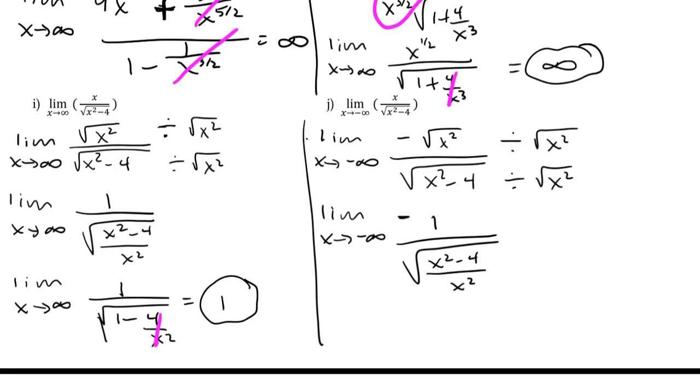We can divide everything in here by x squared, and we get the limit as x goes to negative infinity of negative 1 over the square root of 1 minus 4 over x squared. Remember, x is going to negative infinity, so a number over a huge number is gone. 1 minus nothing is 1. So then I'm left with negative 1 over 1, which is just negative 1.